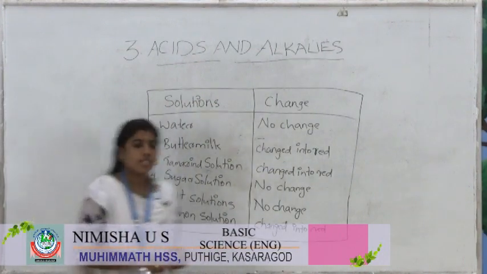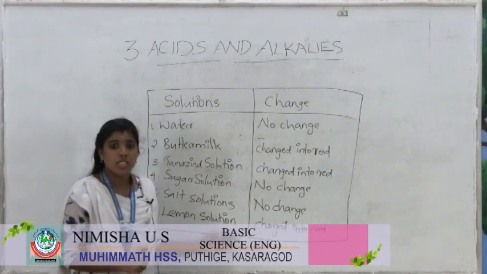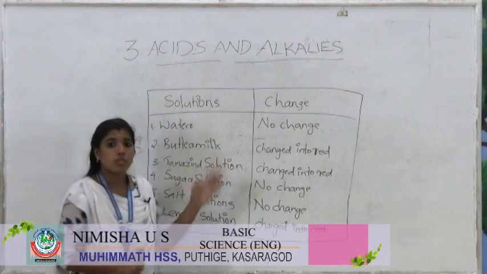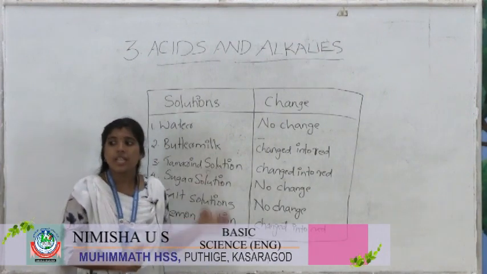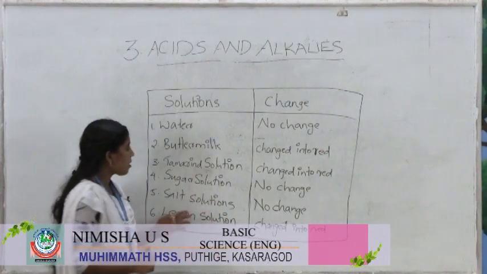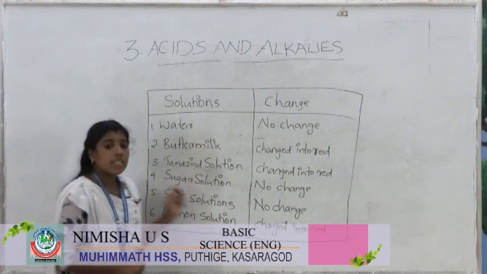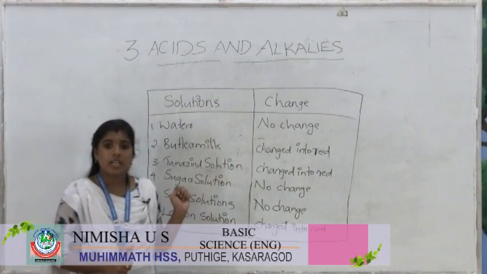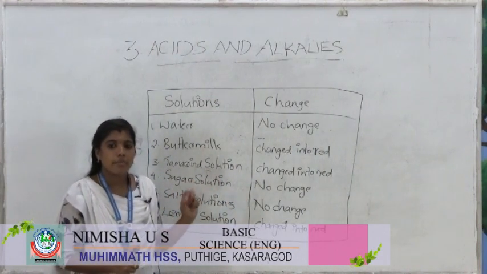So, these are the observations we got from the experiment. So, now we have to arrive at an inference. So, let's do that. See here, what are the solutions that got red color while dipping the hibiscus paper?